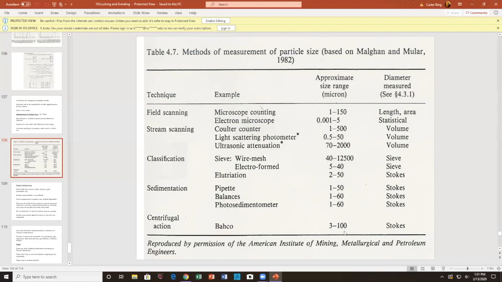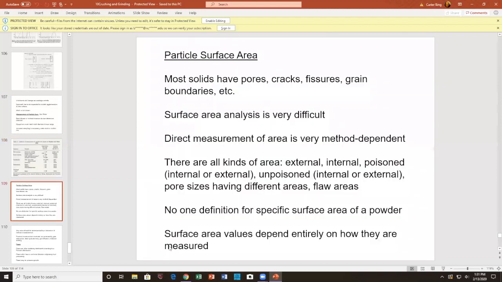Even although these end off around 60 microns or so, I'm a bit hesitant to say that sieves actually work at 5 microns, but anyway. Interesting table: different techniques, different sampling, and the approximate range of sizes measured.